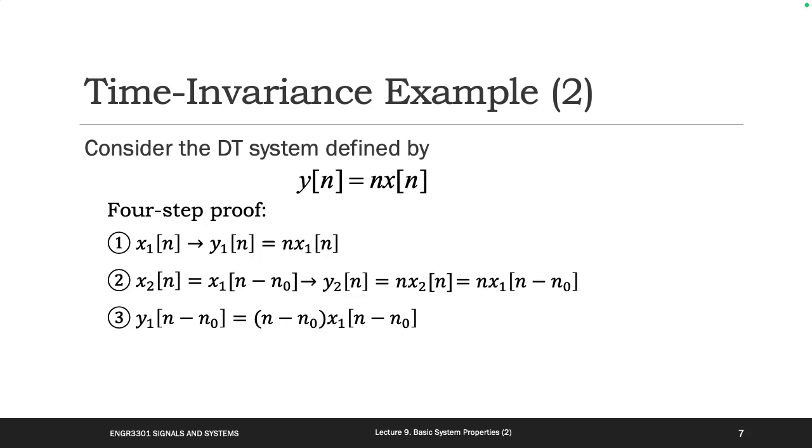You can change this number to whatever you want. Then y[n - n0] means I replace every n in this equation with n - n0, so I need to replace this one, this one, and this one. That makes sense to you?